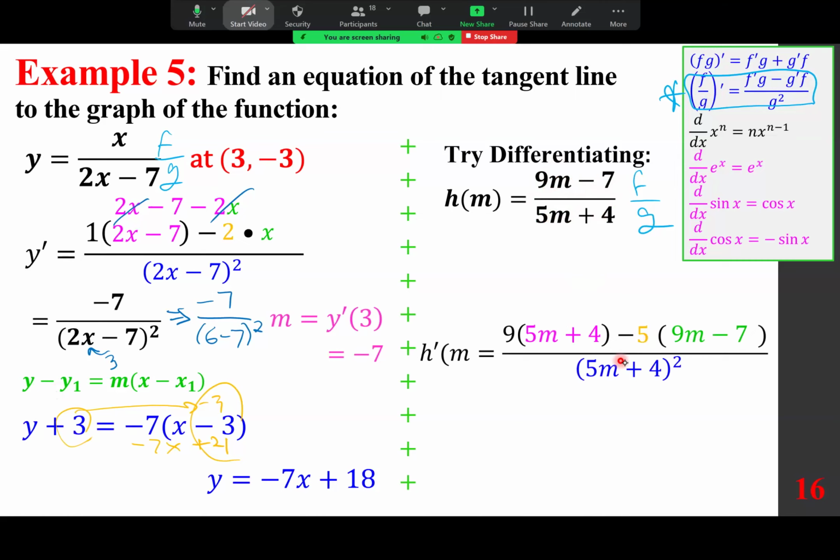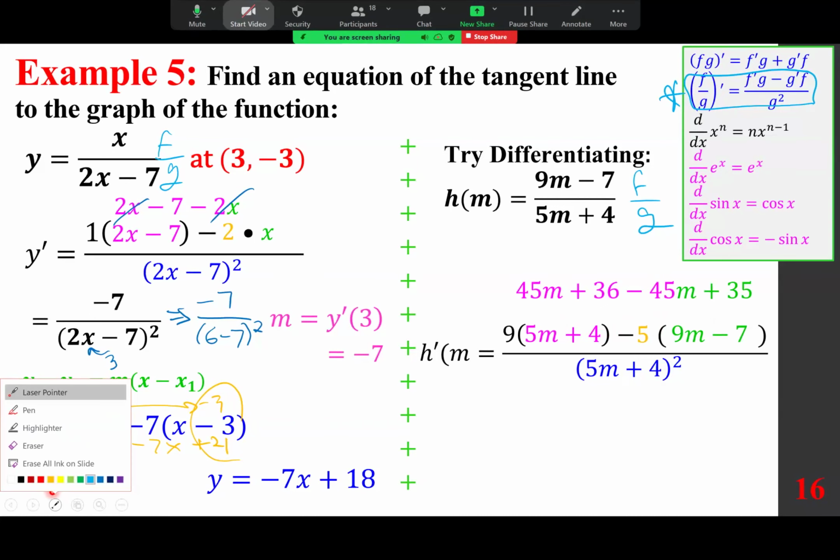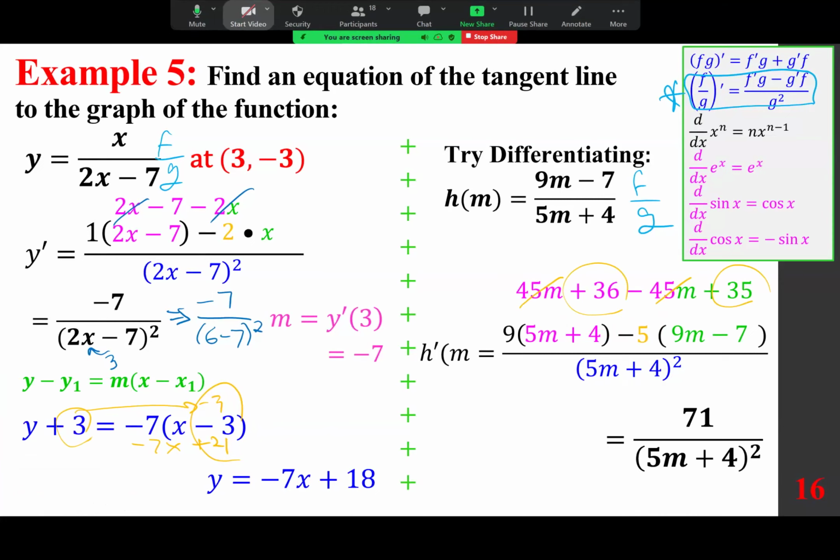All we have to do is simplify the numerator by distributing: 45m plus 36 minus 45m plus 35. These two cancel each other. These two add up to 71.